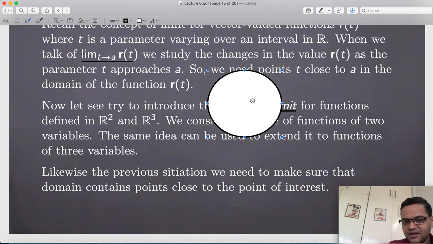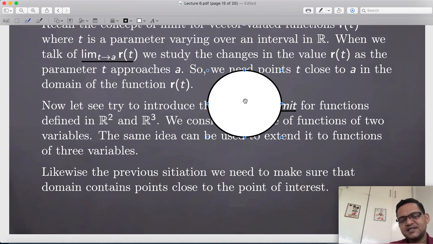So when I say the points close to, in the case of the real line, there are only 2 possibilities. Either you can approach this point from the left, or you can approach this point from the right. But now, when I am sitting in R2, a point can be approached from all possible directions, correct. So I have to make sure that around this point I have all these points in my domain.